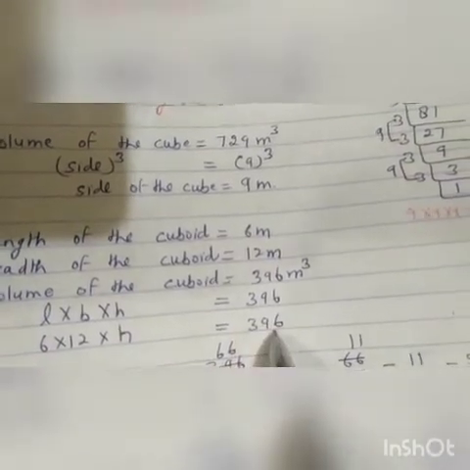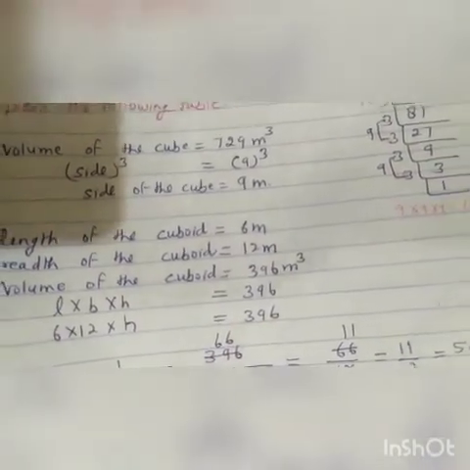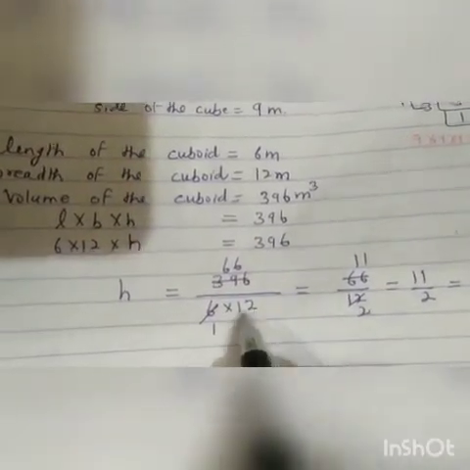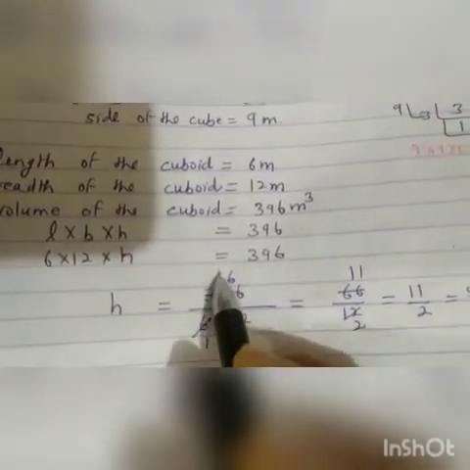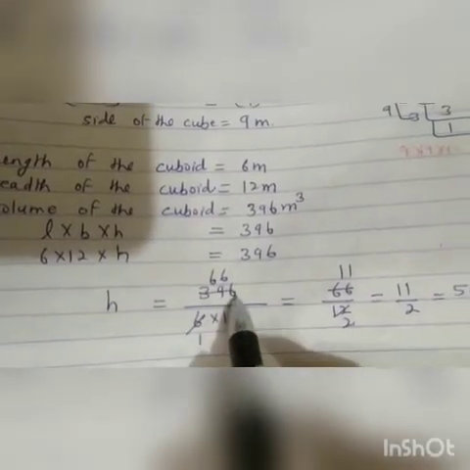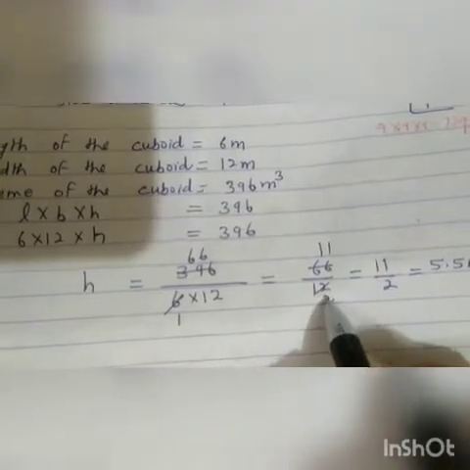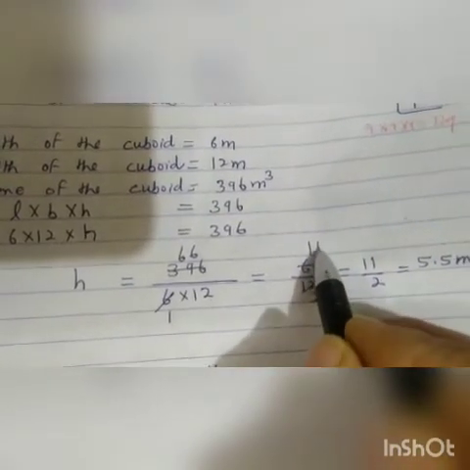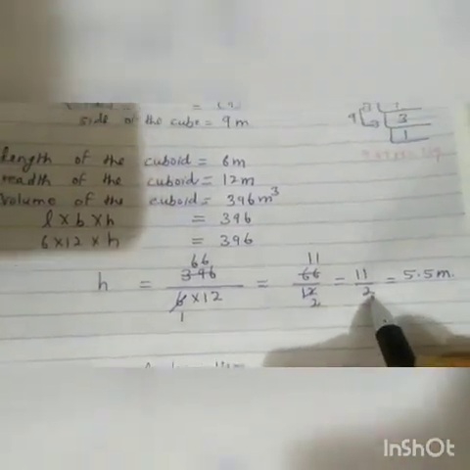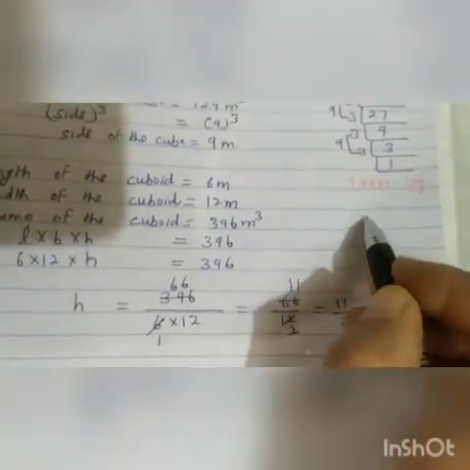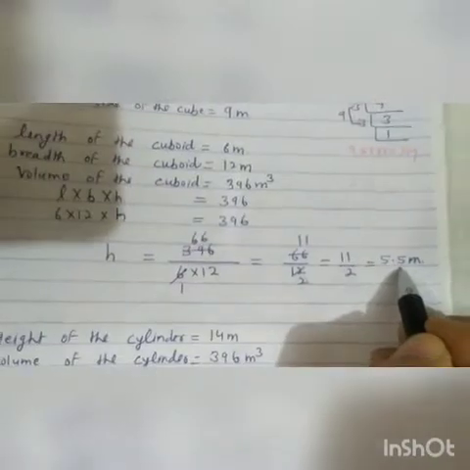H is equal to 396 upon 6 into 12. Dividing gives 66 upon 12, which is 11 upon 2. When you divide 11 by 2, you will get 5.5 meter.